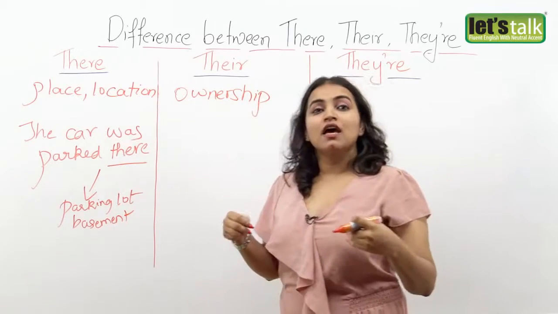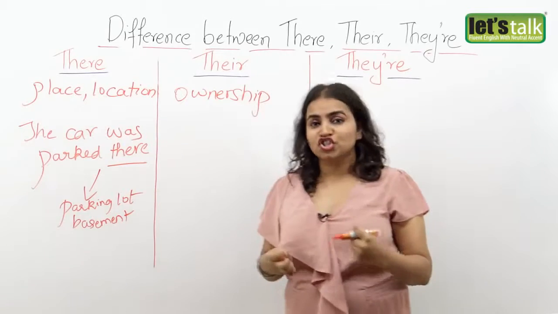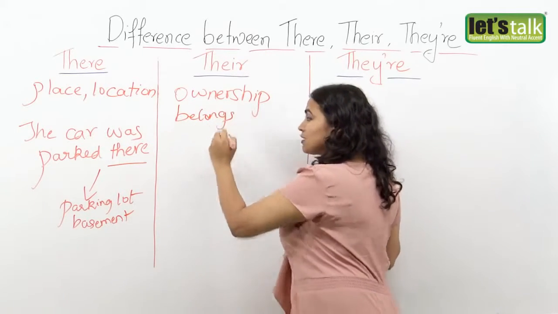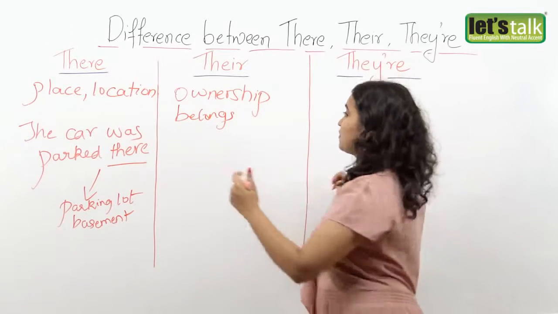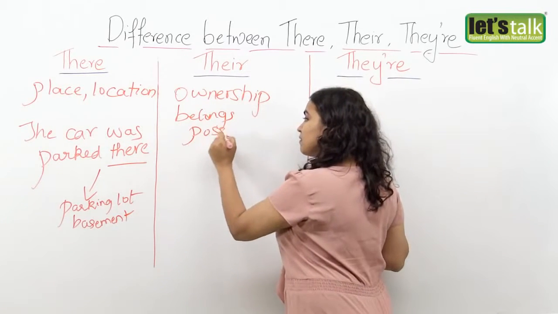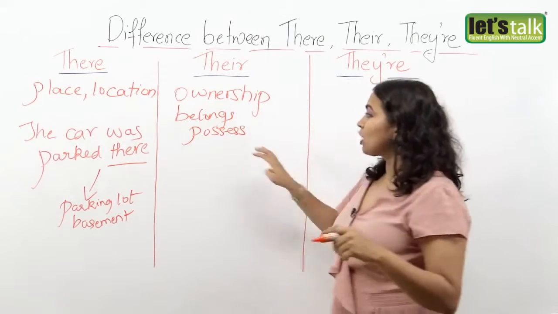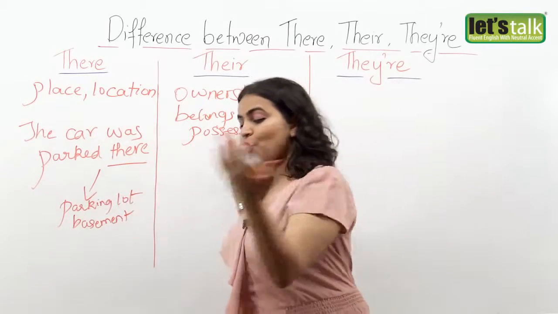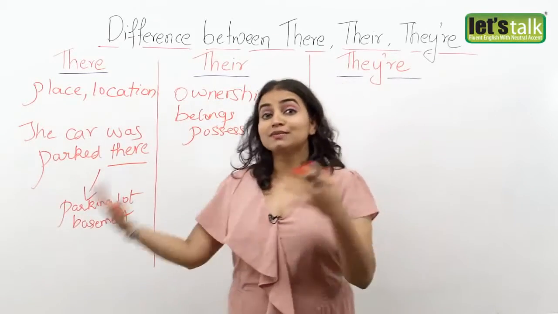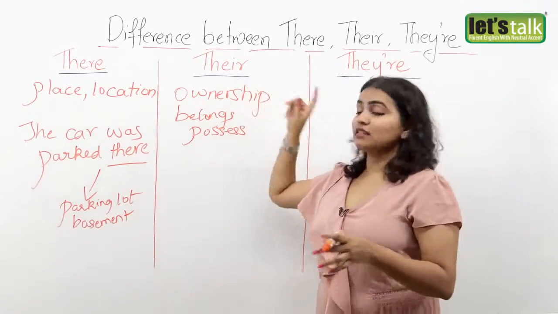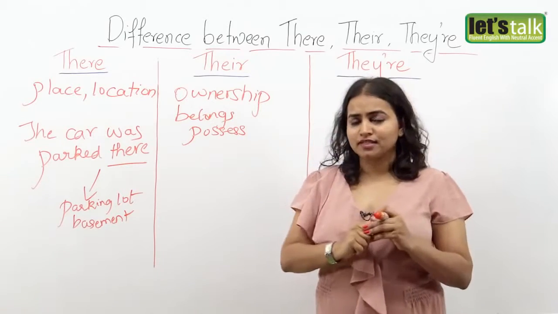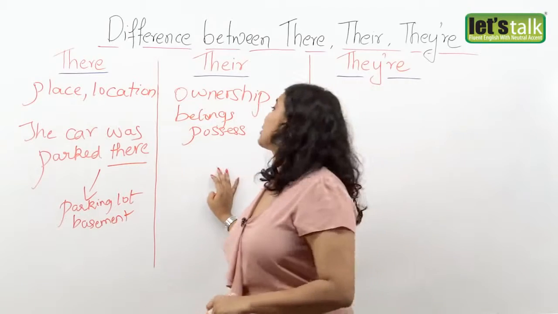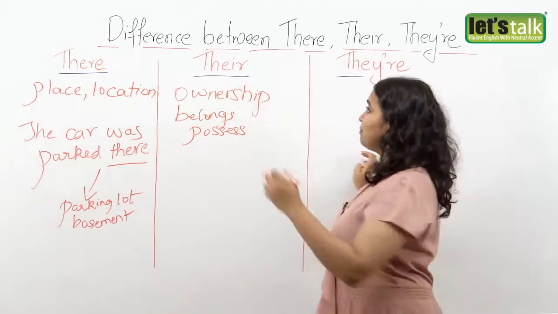Ownership meaning that something belongs to you or something that you possess. So when you talk about ownership or something belonging to you or someone else or something that you possess or somebody else possesses, then automatically this is the word that should come to mind while writing or saying a sentence.